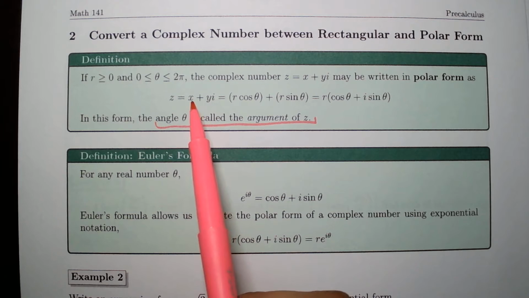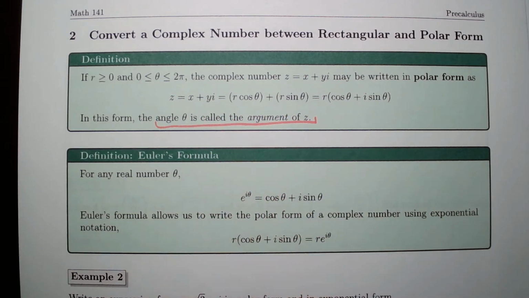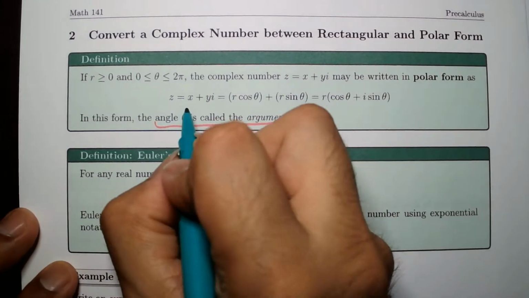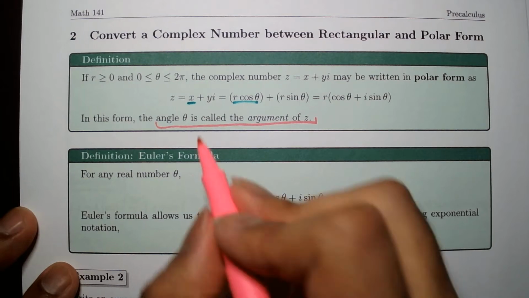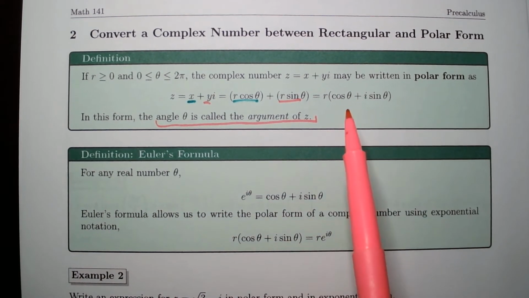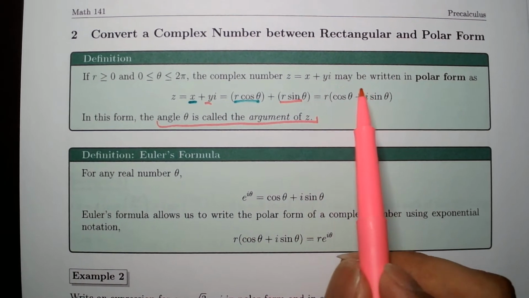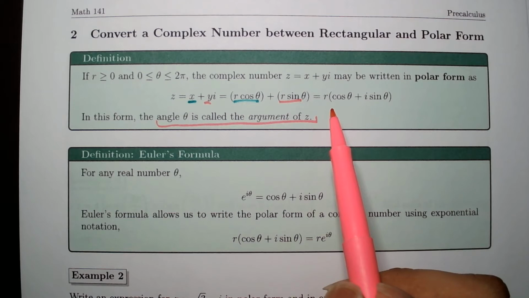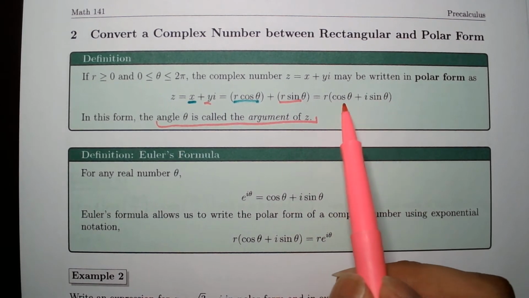That is, x equals r cos theta and y equals r sine theta. And of course, typically what we do is factor out r. So that is the form to represent a complex number in polar form.